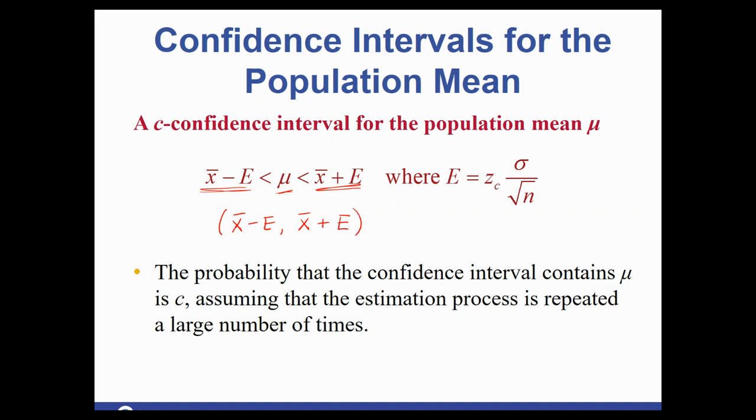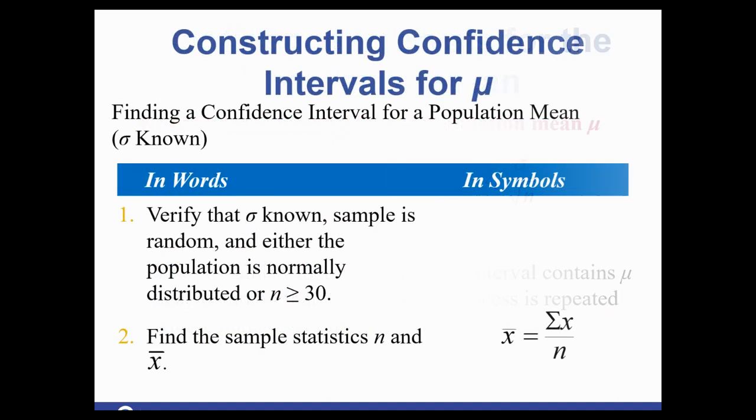Interval notation means it's going to be parentheses from one number, comma, to the other number, close the parenthesis. So this is the interval that's most likely going to contain your population mean. This is the interval we're after, especially after we repeat this a large number of times.